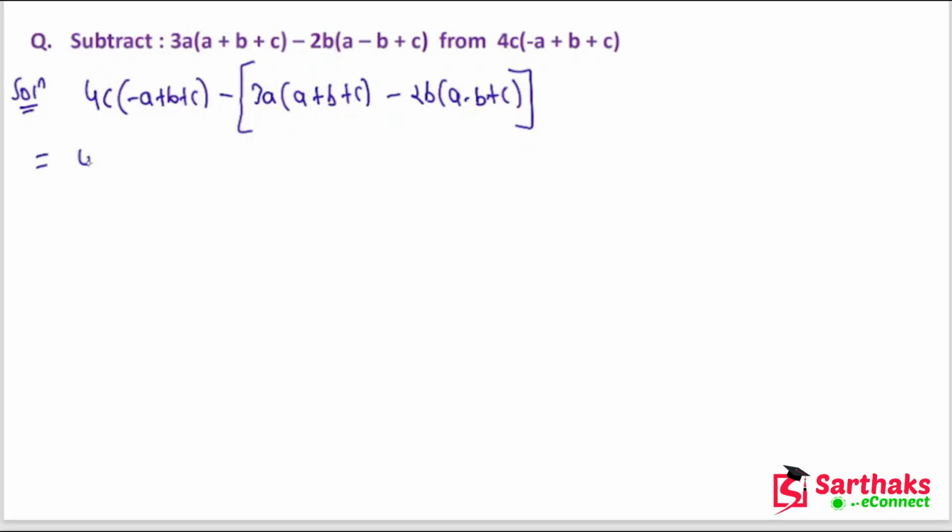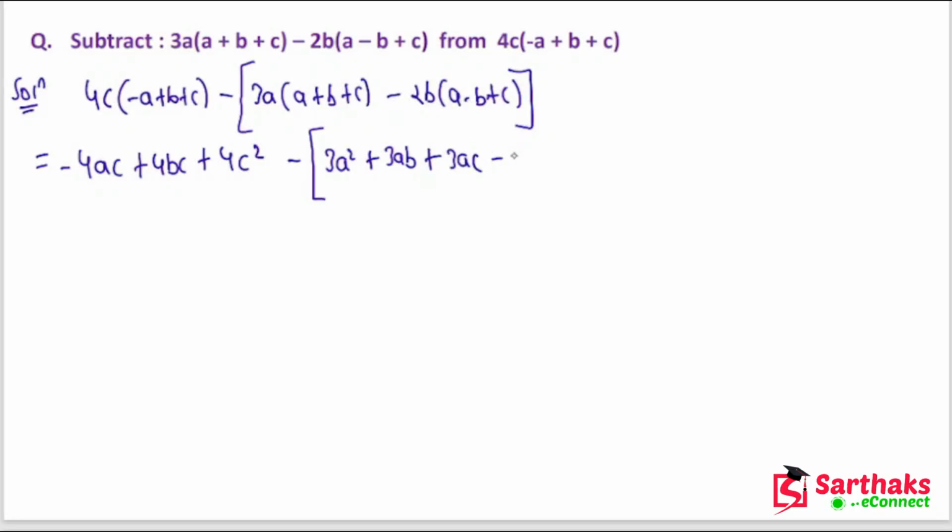So it would be multiplying them. It would be minus of 4ac plus 4bc plus 4c square, minus. Now 3 into a would be 3a square because all are positive. So it would be 3ab and finally 3ac.